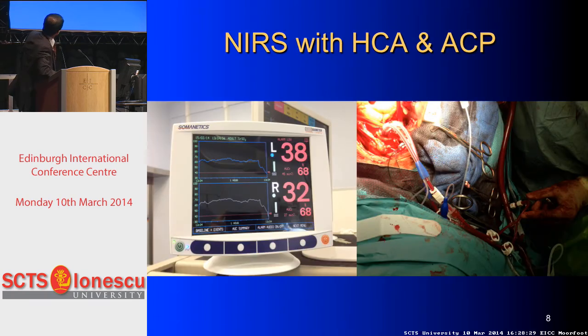Now here we have a situation where the nurse is actually giving you some very valuable data. As you can see, everything's going smoothly here. When the patient had been on bypass, we started circulatory arrest. This is a patient having a hemiarch replacement under moderate hypothermic circulatory arrest with antegrade cerebral perfusion. And suddenly the SATs drop.